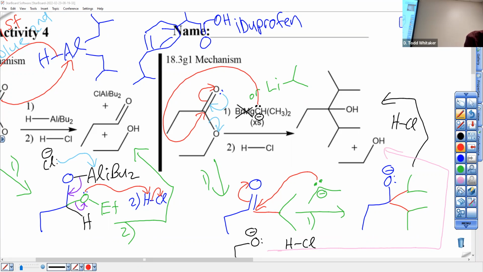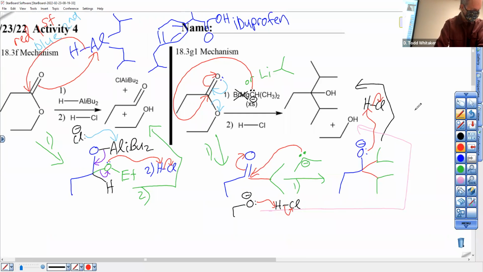Acid base, acid base. Uh-oh, I got arrows crossing reaction arrows, oh boy. Need to put some traffic lights in here. And that's esters reacting with hydride, special hydride.